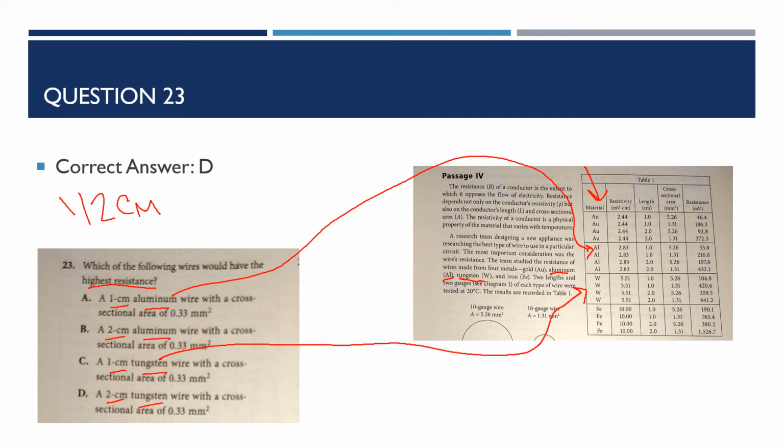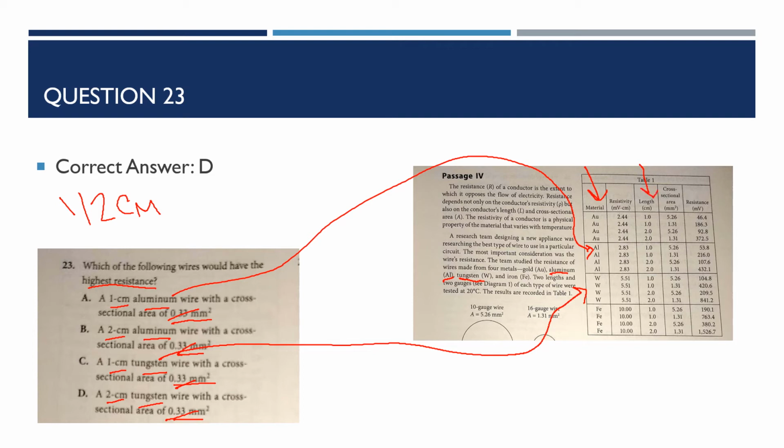So once we've got that part down, the next step is to decide what to do about this 0.33 millimeter squared. Now you'll hopefully notice that that is in each answer choice. So I've got two choices. I can either decide to disregard it because it's the same for all of them, so it must not be all that important, or I can go, oh, well, there must be some kind of relationship here between resistance and length, and I can see that here in the chart.